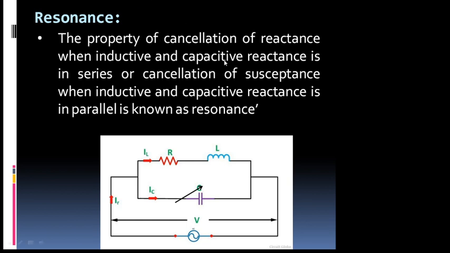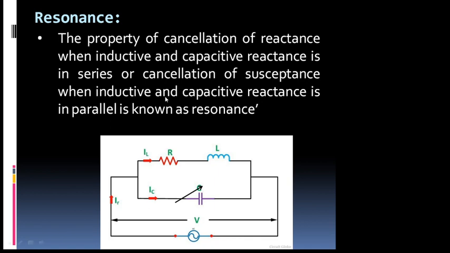So resonance is the cancellation of reactance when inductive and capacitive reactance are in series, or cancellation of susceptance, which is the inverse of reactance. Taking the inverse of resistance gives conductance, and its unit is mho, right, MHO. Taking the inverse of reactance, 1 over XC or 1 over XL, gives the susceptance. In general it is referred to by either B or Y, capital Y or capital B.